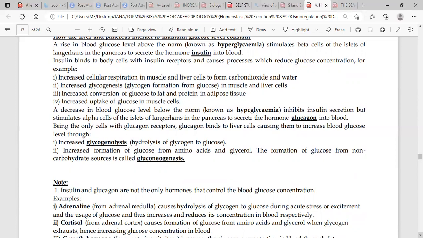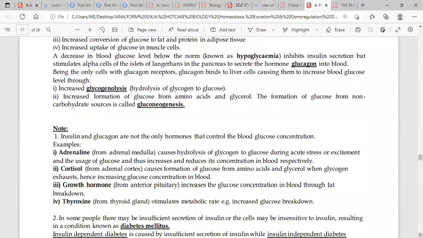So insulin and glucagon, that is a note. They are not the only hormones that control the blood glucose concentrations. We also have other hormones that are always produced in such situations, such as adrenaline from the adrenal medulla, which causes hydrolysis of glycogen to glucose during acute stress or excitement.